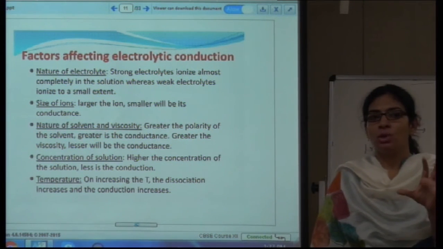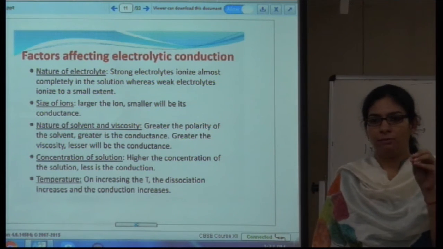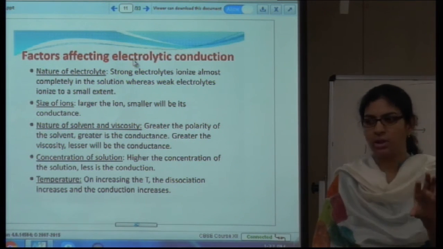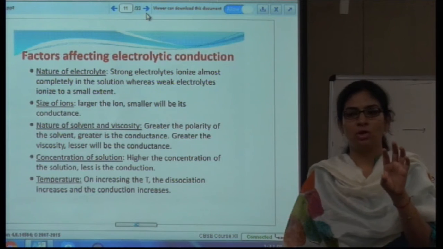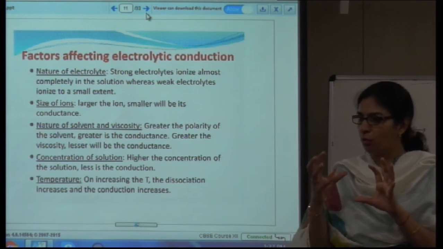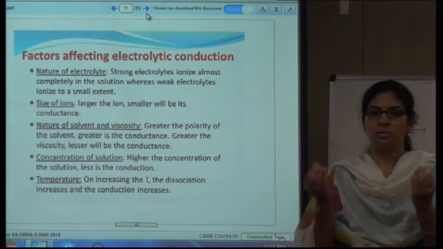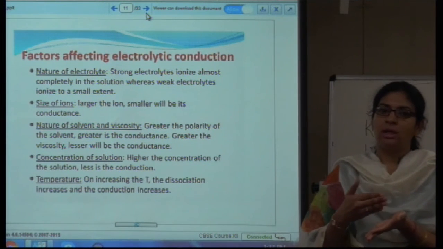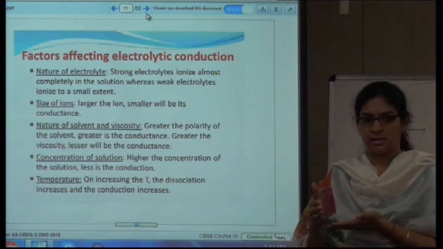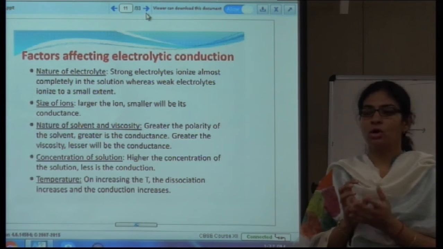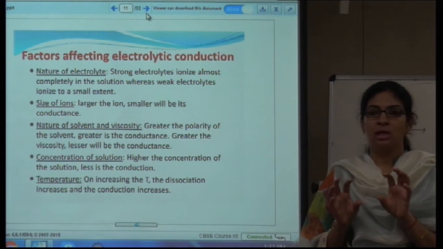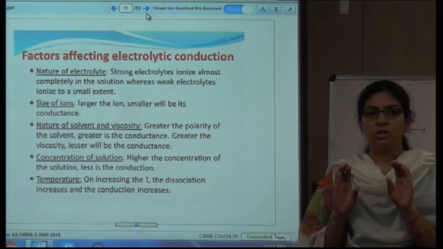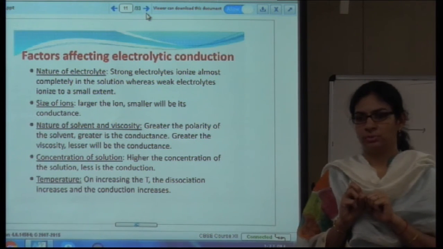If you have the same quantity of electrolyte and the same volume of container, even then they conduct electricity to different extents, because conduction depends upon their size also.